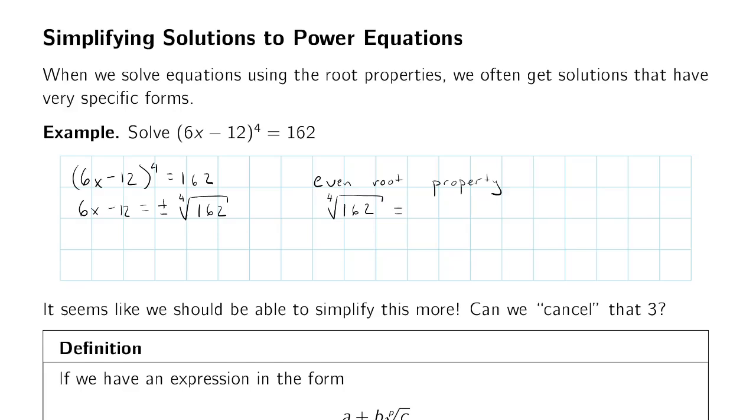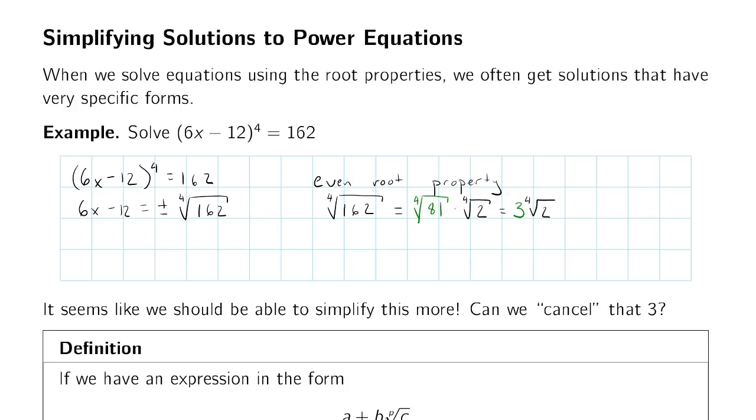Going through possible perfect fourth powers, we see that this is the fourth root of 81 times the fourth root of 2. And we can actually do the fourth root of 81. That's 3. And then we keep the fourth root of 2.